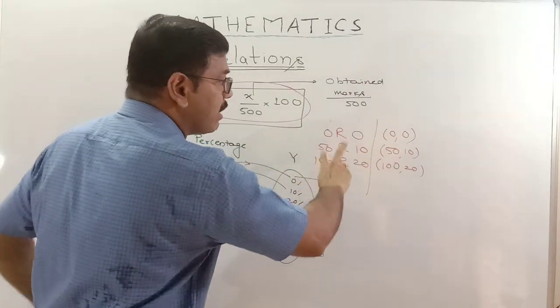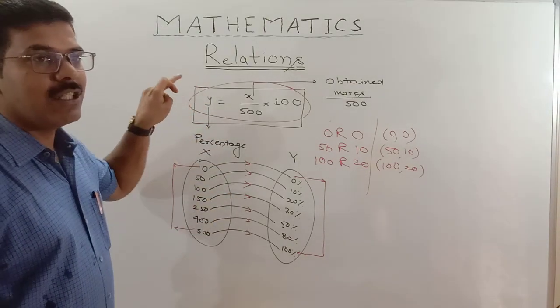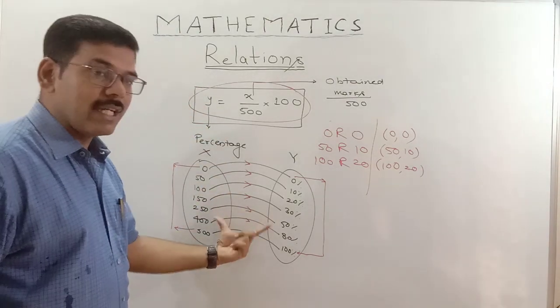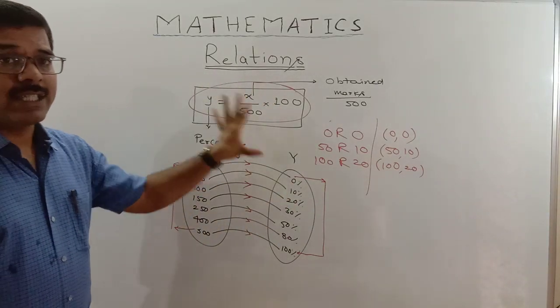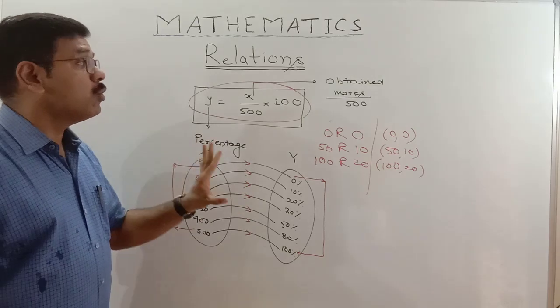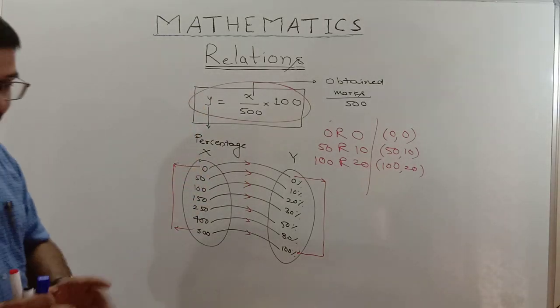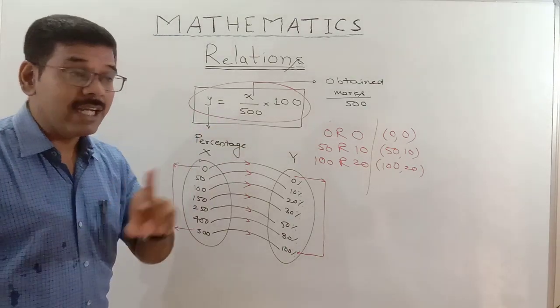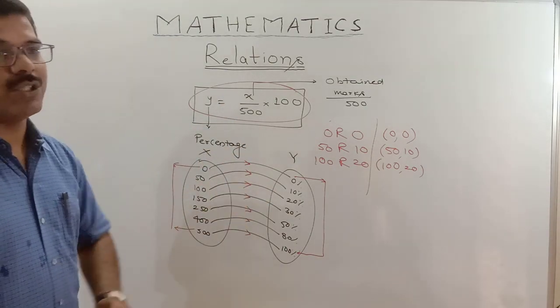This is the relation between two individuals, and this is the relation between the two sets. Two sets. Is it clear? So this is called the relation. You must understand that this is a kind of relation. A relation is a rule by which two sets of values are related to each other.